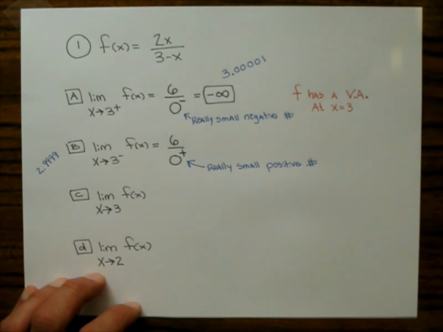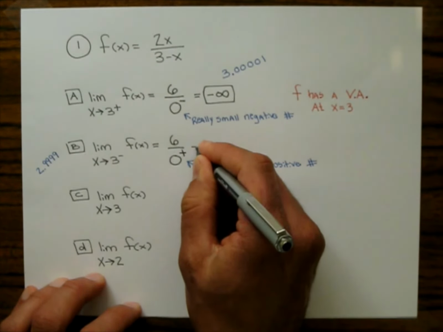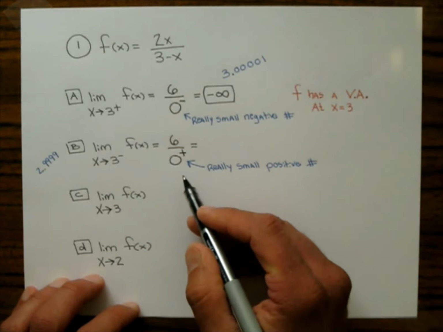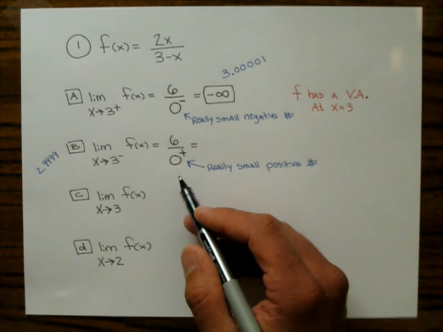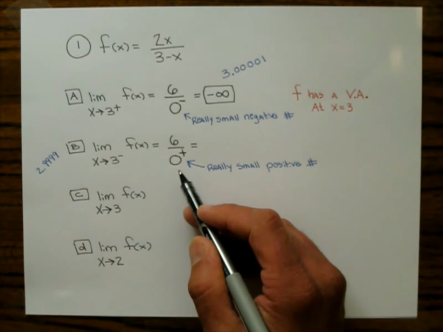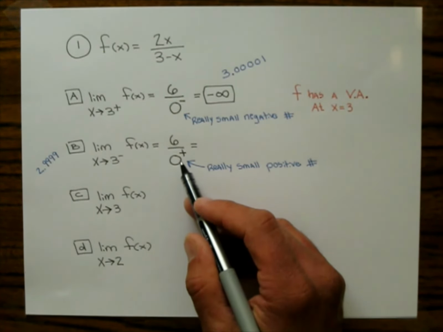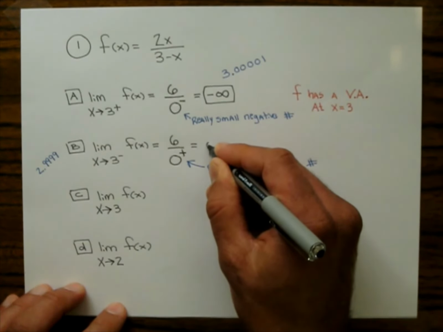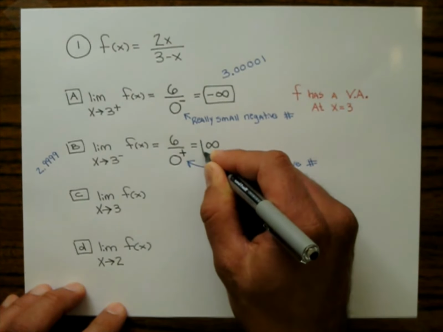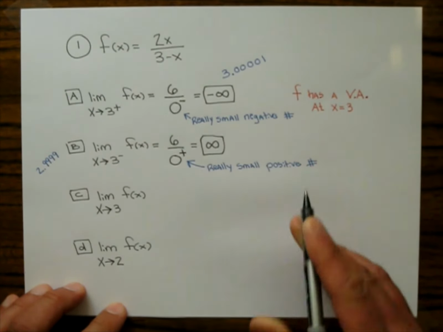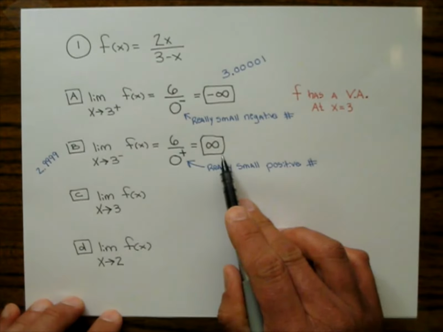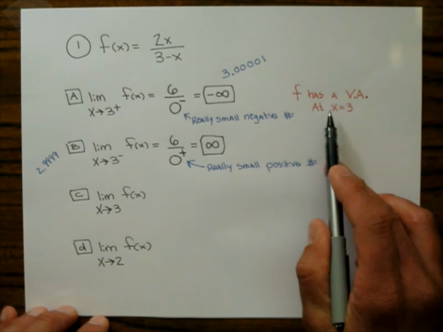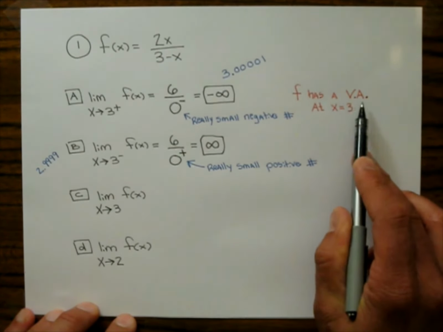So when I have 6 divided by 0.00001 or 6 divided by 0.0000000000001, it's going to give me a really big positive number. So this limit happens to be infinity.